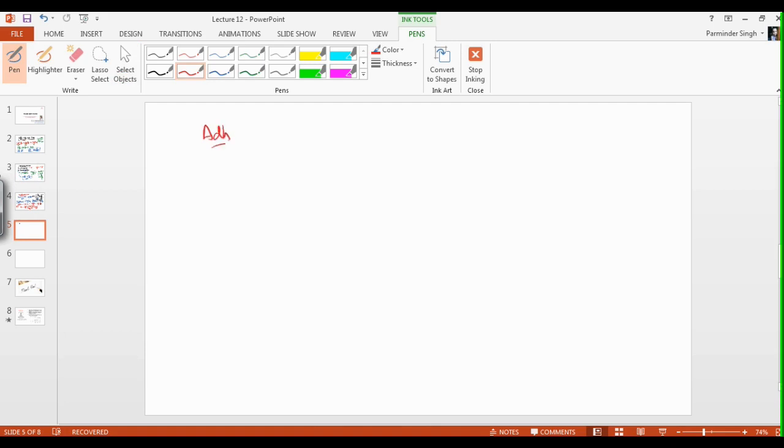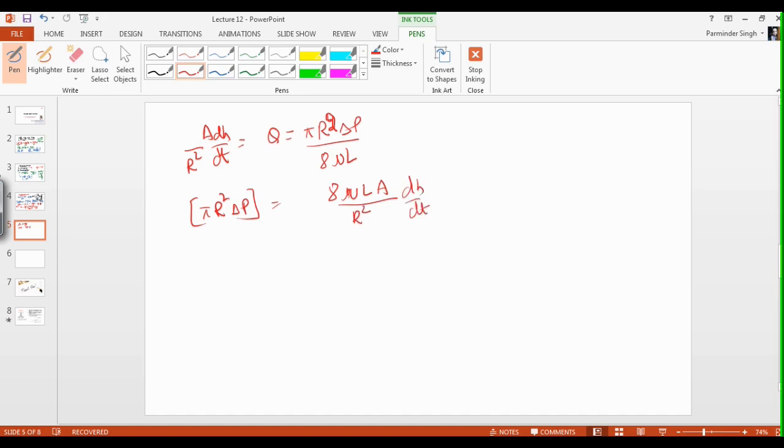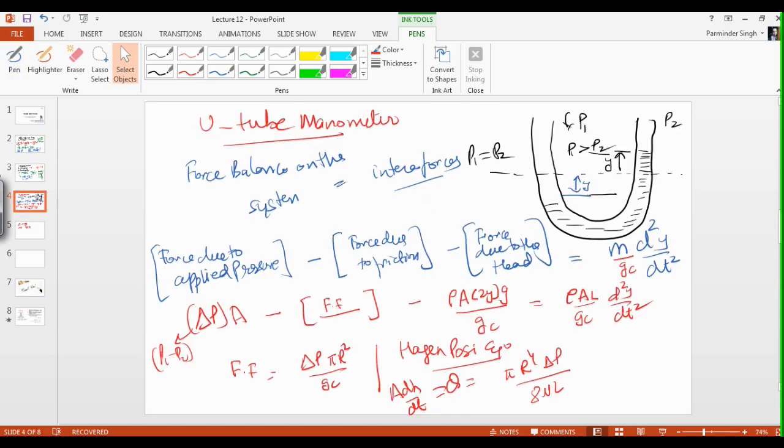So A dH by dt is equal to Q, which is pi r4 delta P upon 8 mu L. If you divide by r square, we're going to have pi r square into delta P upon 8 mu L. And what will be pi r square delta P from this? It will be 8 mu L into A divided by r square into dH by dt. So we have the value of pi r square into delta P, that is the frictional force.